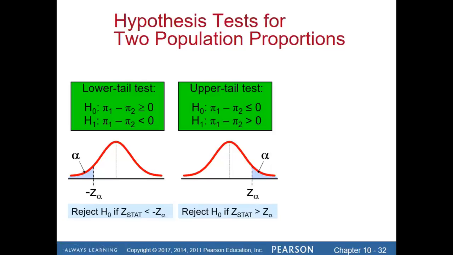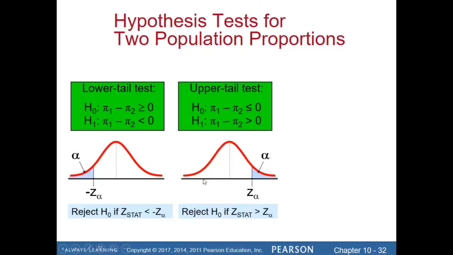With a lower-tailed test, our entire alpha value goes in the lower tail of the distribution. That gives us a negative critical value of z, and so we'll formulate our rejection rule accordingly. So we'll reject the null hypothesis if our test statistic is less than that negative critical value of z.